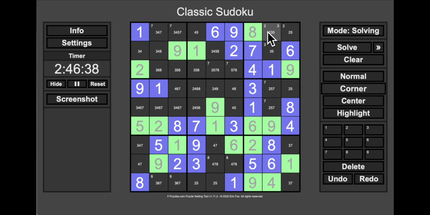Hmm. Oh, this is very annoying. Wow. Okay, what deduction am I missing from that position?